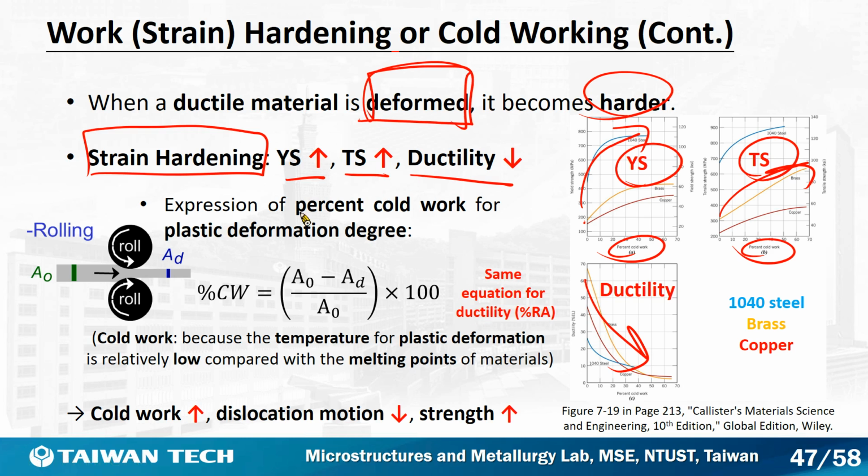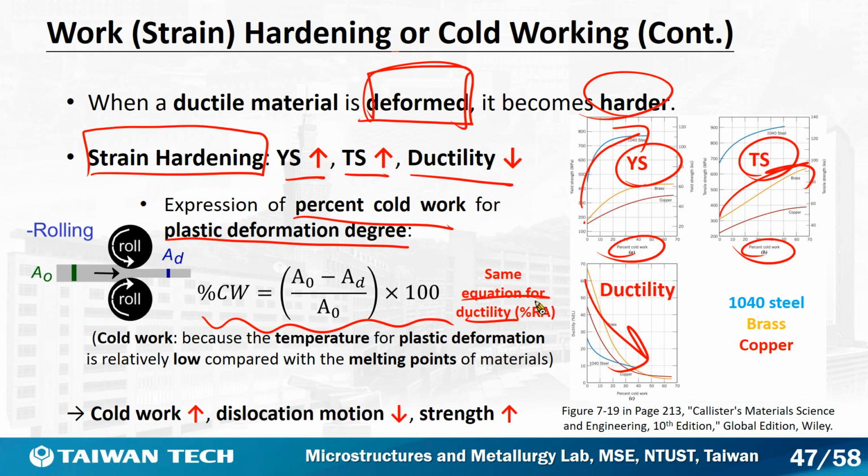So we use these equations, percent cold work, to express the plastic deformation degree. And actually, these equations you see here is (A0 minus Ad) over A0. It's actually the same equation for ductility. But for ductility, we have two expressions.